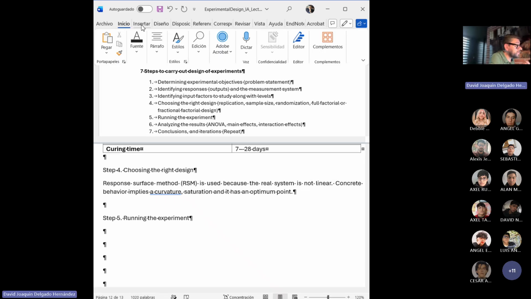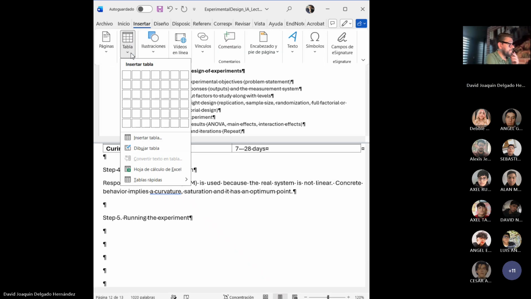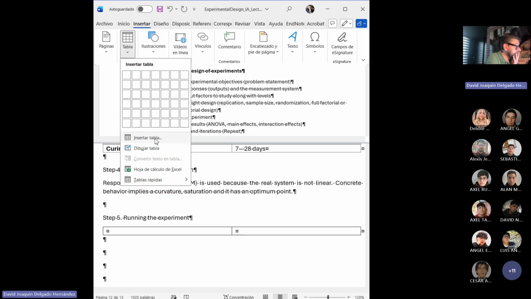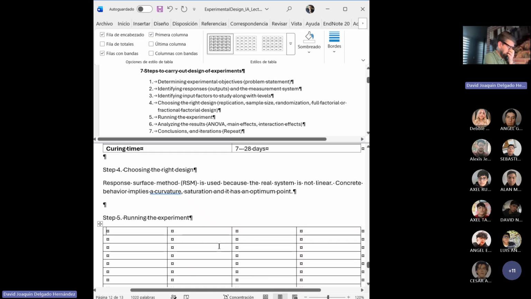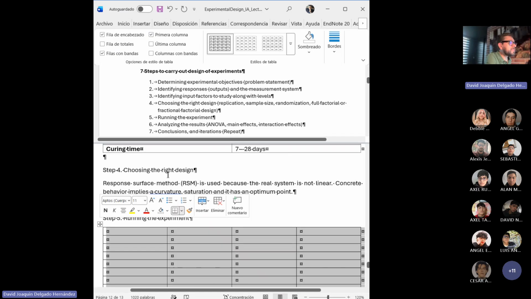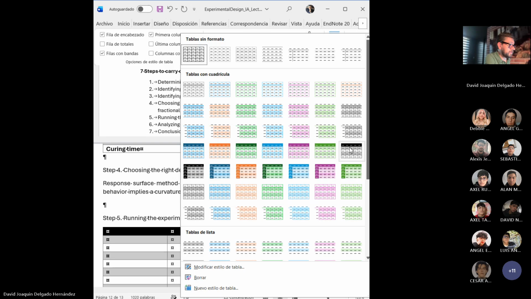I am going to insert a table. So it will be insert table. And I am going to have 1, 2, 3, 4. So it will be 4 columns. And I will have 10 different rows. Okay. So let me put this like this.